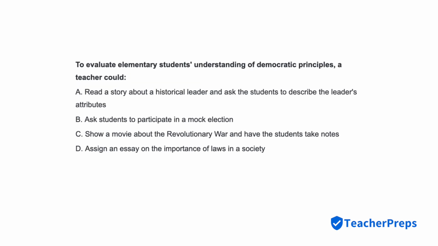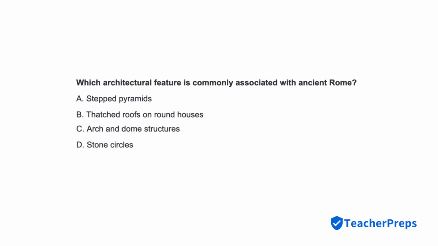To evaluate elementary students' understanding of democratic principles, a teacher could, correct response, letter B, ask students to participate in a mock election. Which architectural feature is commonly associated with ancient Rome?